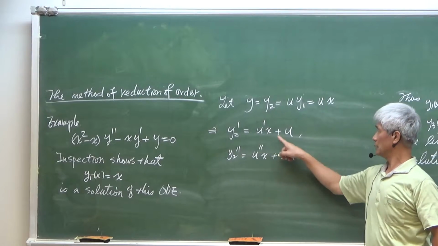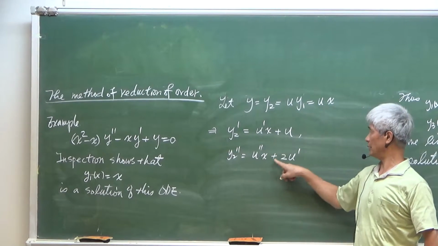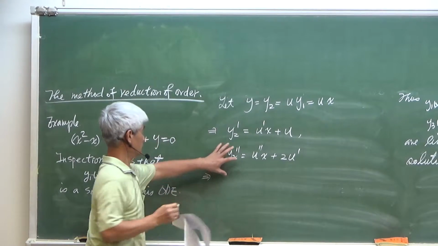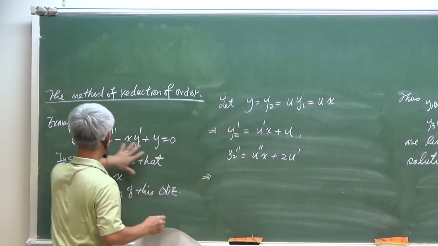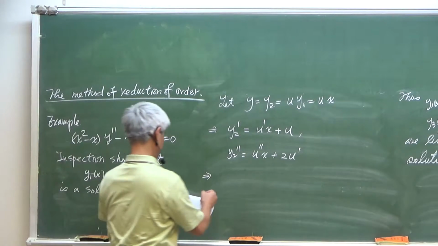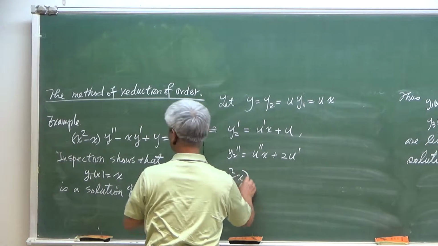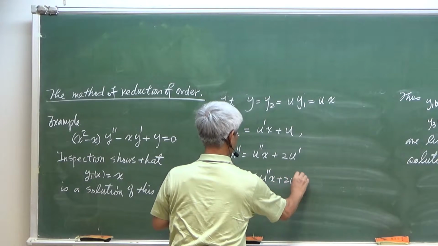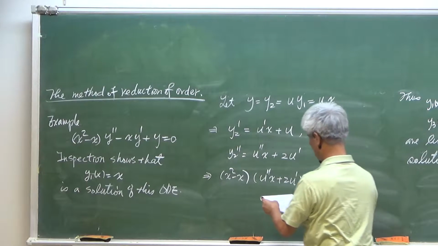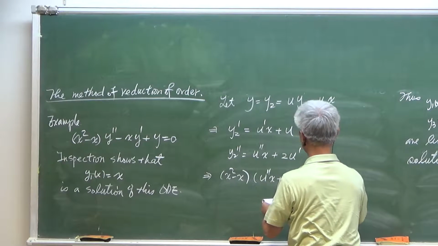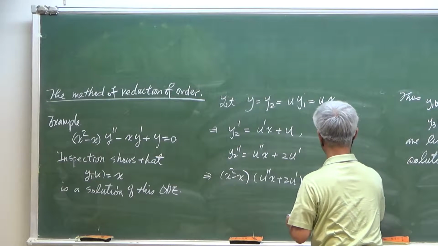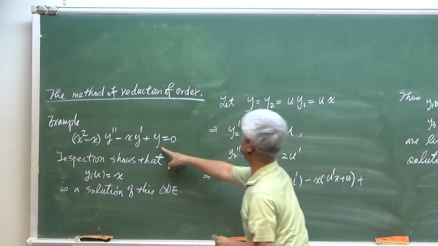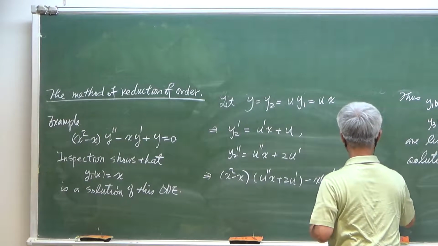Okay, so by taking the derivative again, you find this one. Now, you plug these two formulas back into our ODE. We have x squared minus x times y double prime, which is u double prime x plus 2u prime, and minus x times y prime, which is u prime x plus u, and y here, y is ux, which equals 0.